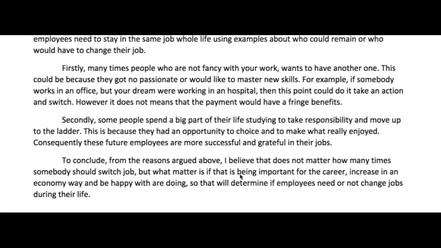So, but what matters is the importance of a career and the increase in the economic benefits, full stop. This would determine if employees need to change jobs during their life, okay?